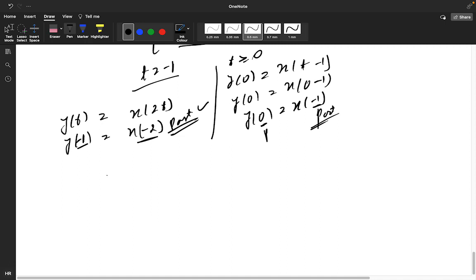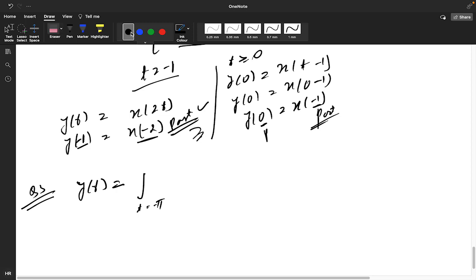Now the question number 3. So this is your question number 3. y of t is equal to the integral from minus pi to, so it's not given any function.